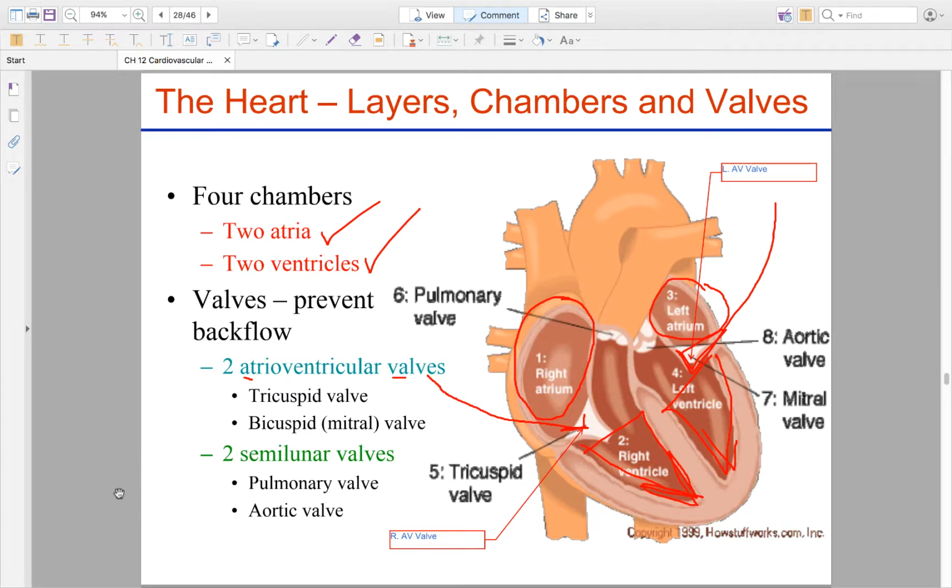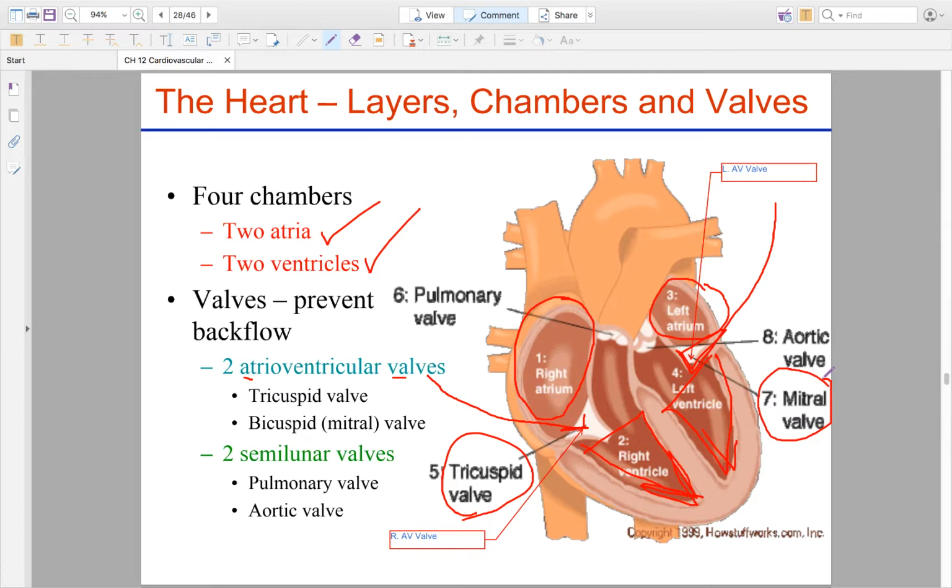Now notice that these 2 valves are called the atrioventricular valves. However, they also have another name. On the right side, the right AV valve is also called the tricuspid valve. And the left AV valve is often referred to as the mitral valve.